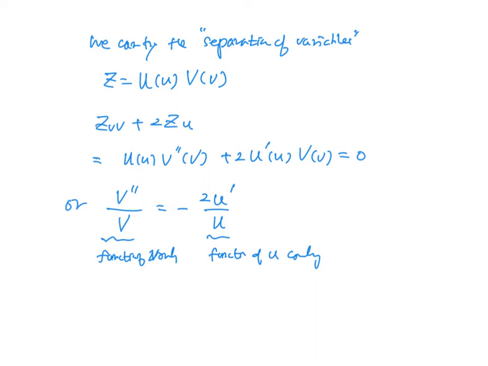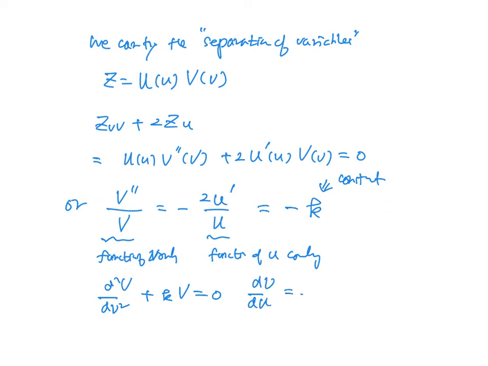So it must be some constant, say minus k, or d square v by dv square plus kv is equal to 0, and du over dv is 1/2 over ku.